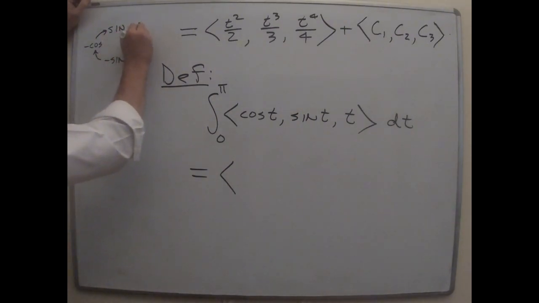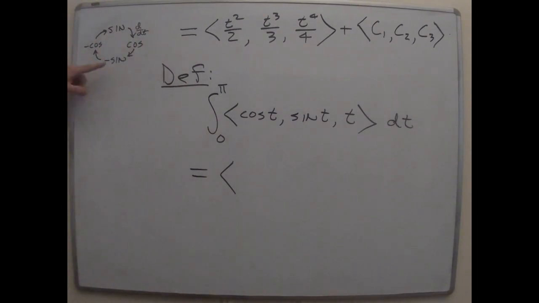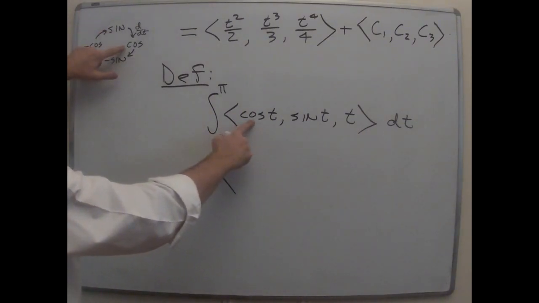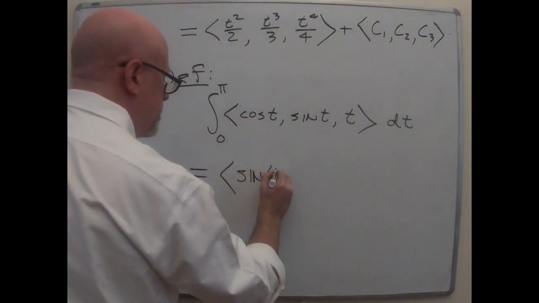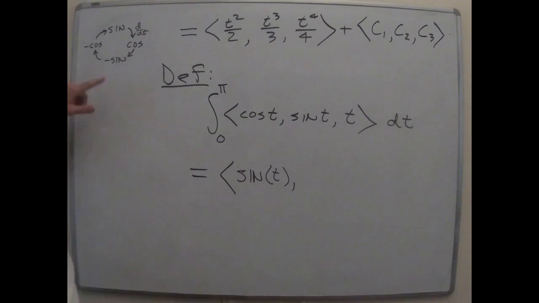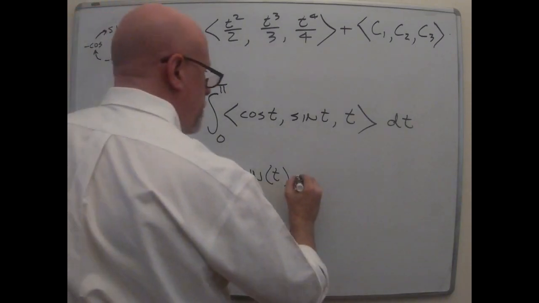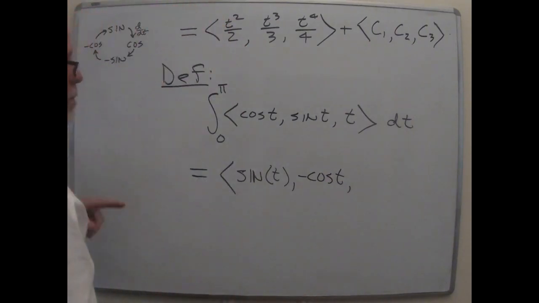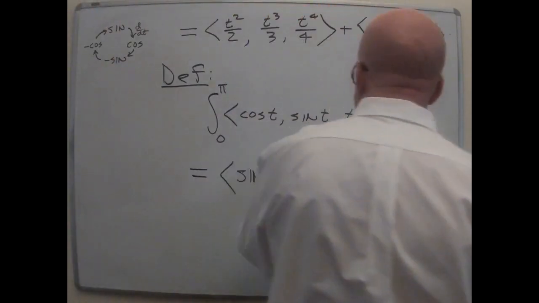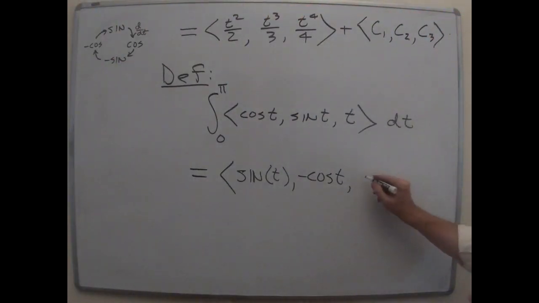So that's d by dt. And if you need to go backwards, you'll be integrating, or anti-differentiating. So I want the antiderivative of cosine, it's sine. The antiderivative of sine is minus cosine. I don't need that wheel to do the antiderivative of t. It's t squared over 2.